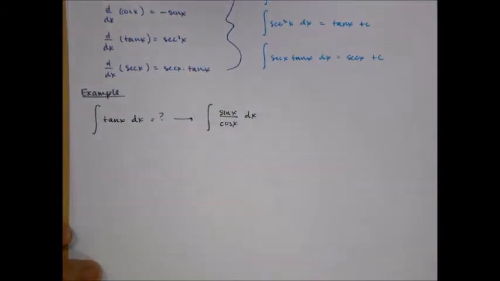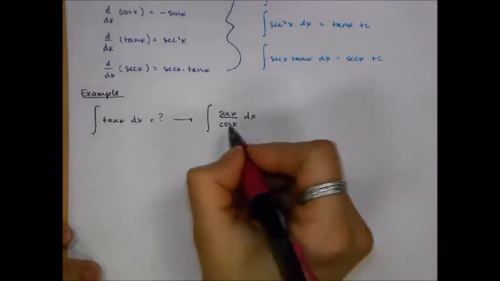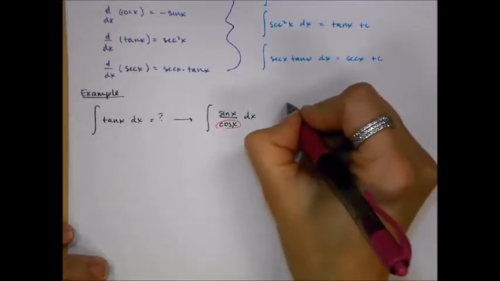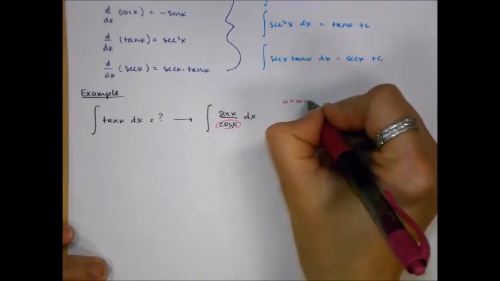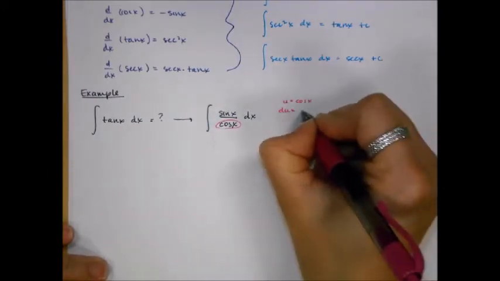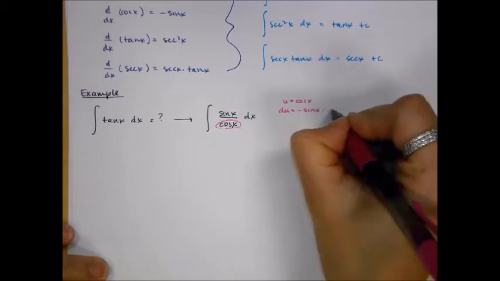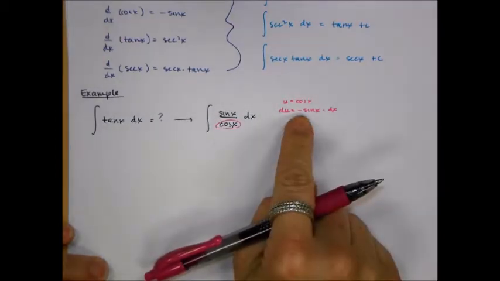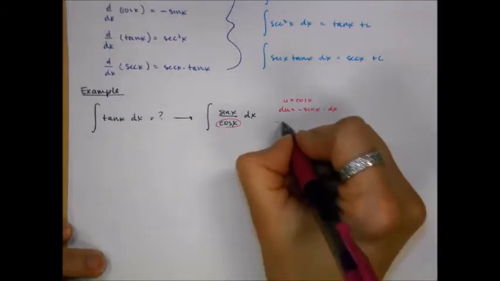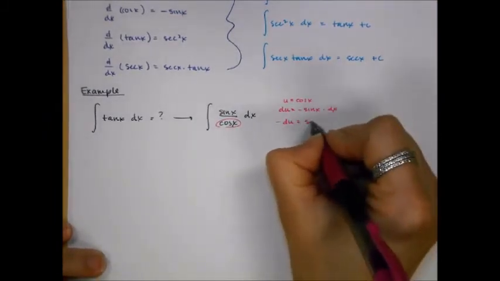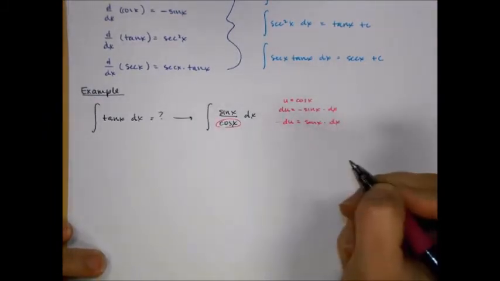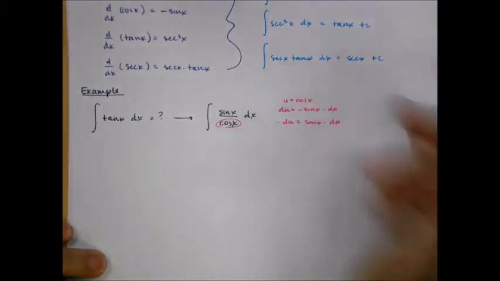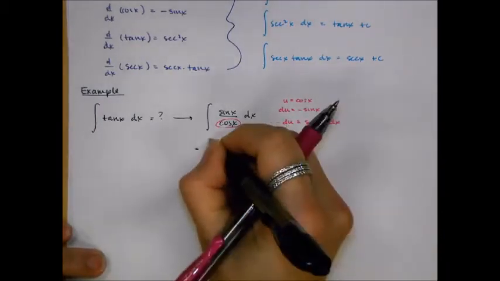We're going to let u equal cosine x. The derivative of cosine is negative sine, and we multiply over by dx. There is no negative in front of sine, so negative du will replace sine x dx, and now we'll make that substitution in.